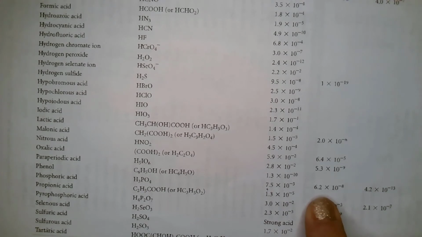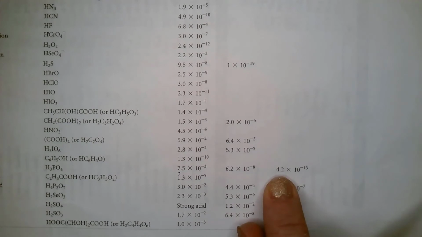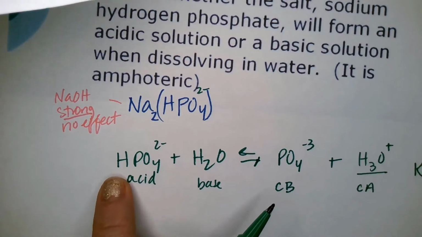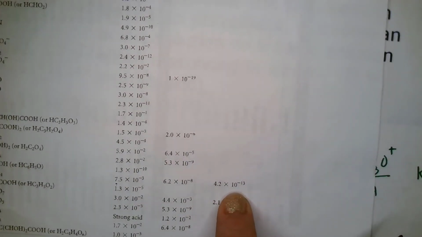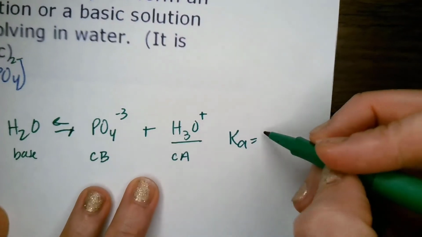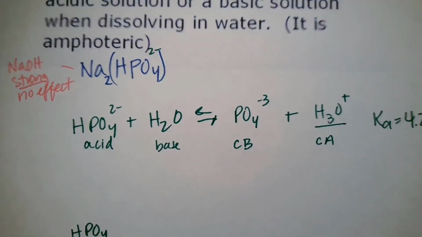So we know that to lose the first hydrogen, this is its Ka constant, the second hydrogen, and we're trying to pull off the third hydrogen. So our Ka constant to pull off that last hydrogen is 4.2 times 10 to the negative 13.